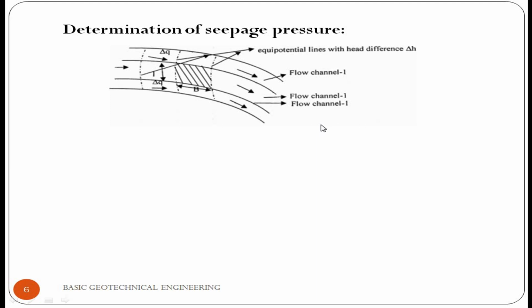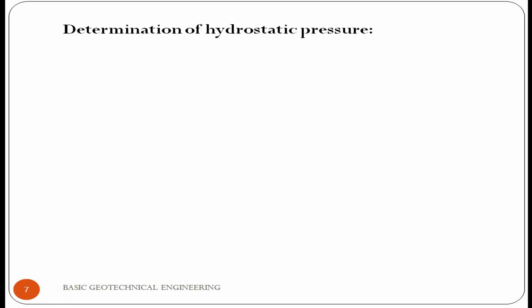So now let us see the determination of hydrostatic pressure. The hydrostatic pressure at any point within the soil is given by U is equal to HW into unit weight of water, where U is the hydrostatic pressure in kilonewton per meter square and HW is the piezometric head in water in meters.